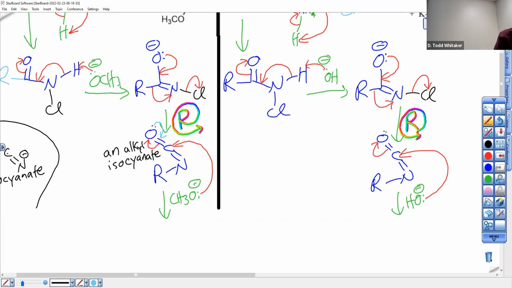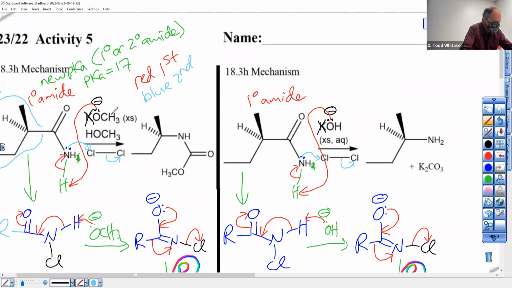I think in both mechanisms, you need an H on the end. Where's the H coming from? I got an arrow to nowhere. Never a good thing. What did I say about from now on, you're going to be using OHCH3 and its conjugate base, there's where the electrons are going to go. Or you're going to be using OH minus and its conjugate acid.